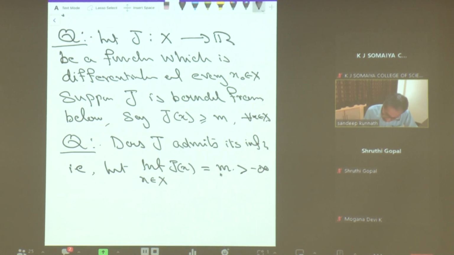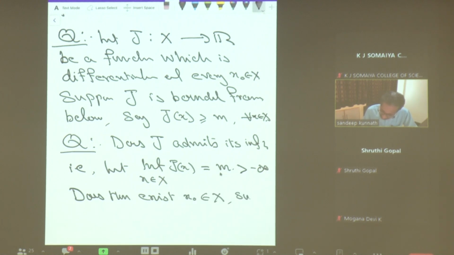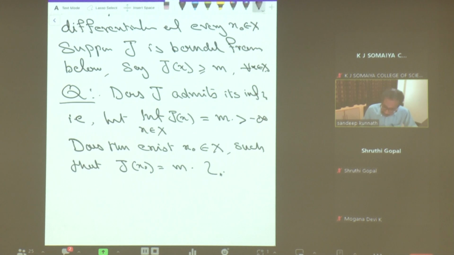So the question is, does there exist an x naught element of X such that J of x naught is going to be this infimum value? So we want to see whether this infimum is going to be attained at a point x naught. That is what we wanted to see.